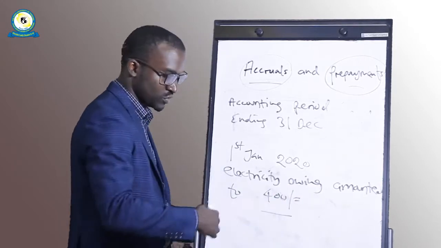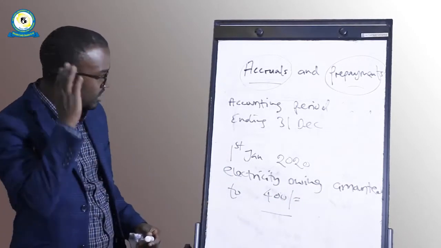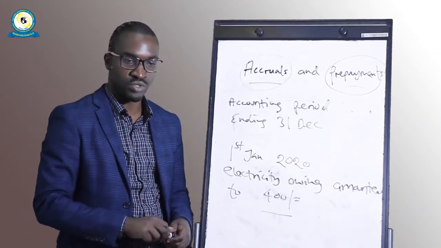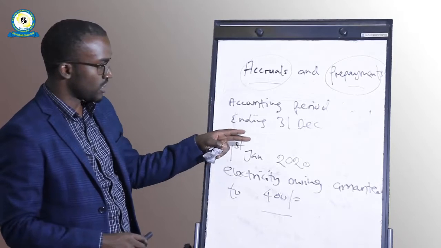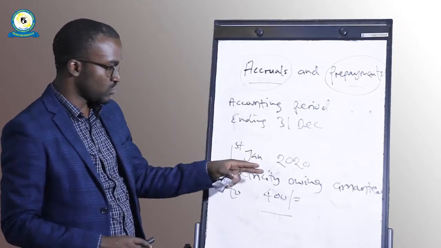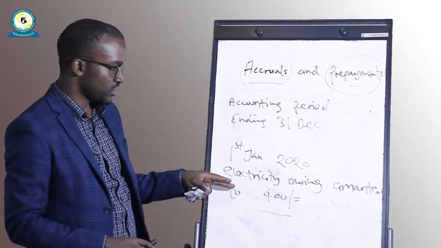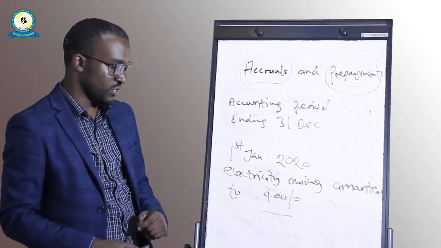This might be Tanzania shillings, whatever the currency that you use, but I want you to understand the concept for accruals. Okay. So this is the case. We have an accounting period that ended 31st December, but on 1st January 2020, we have electricity owing amounted to 400. So this is the bill.